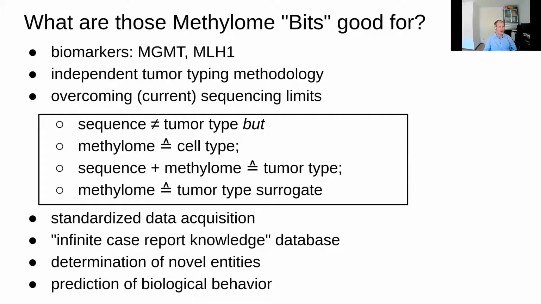useful for? For one, it has been known for a long time that, for instance, one could analyze MGMT promoter methylation state as a correlate for MGMT expression, which is a DNA repair enzyme.